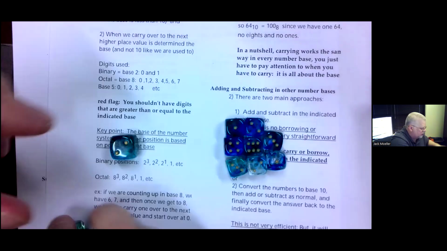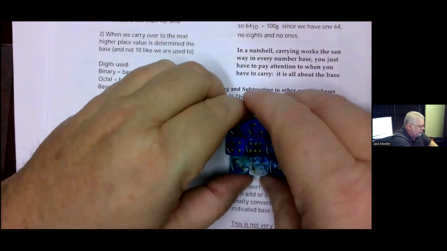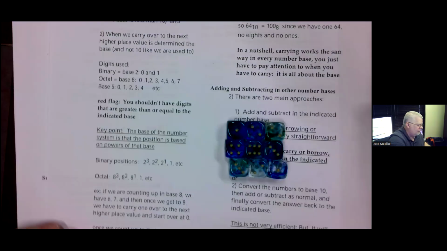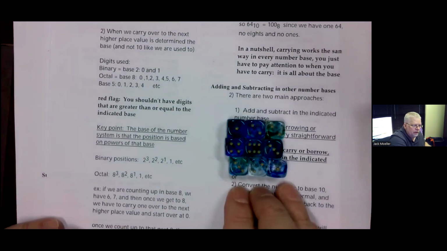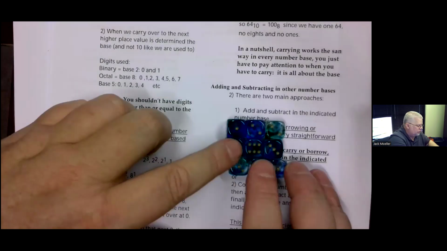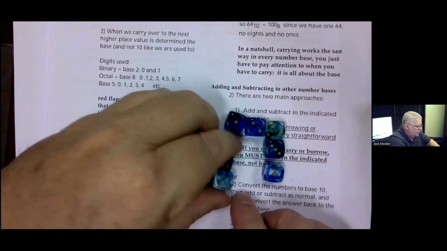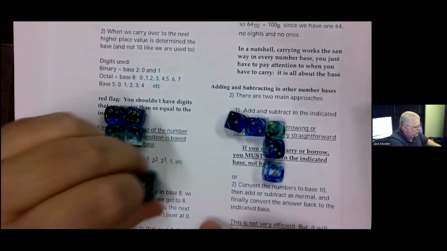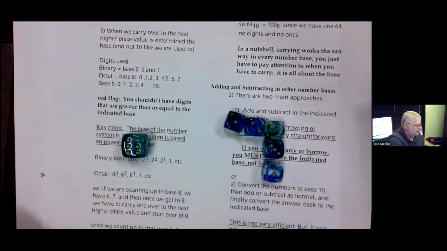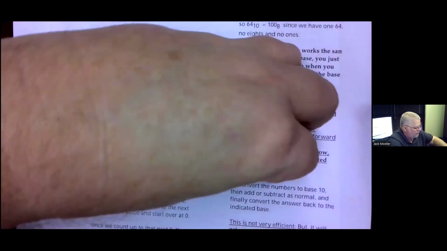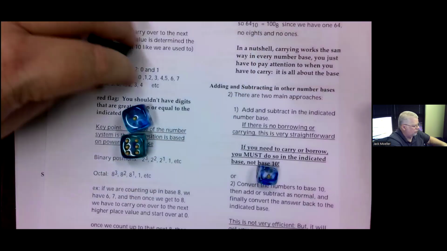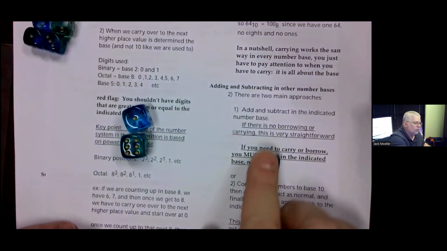So for example, let's say that I'm in base 4 and I have 9 ones. Well, I can't have 9 ones in base 4 because we can't have digits 4 or higher. So what we do is there is a 4 that goes over to the next higher, the 4's place value. There is a second 4 that goes over to the next higher place value, and we have 1 left.